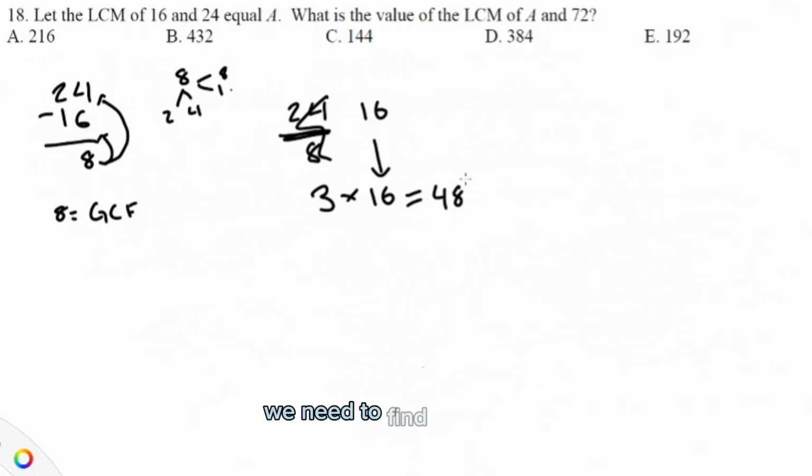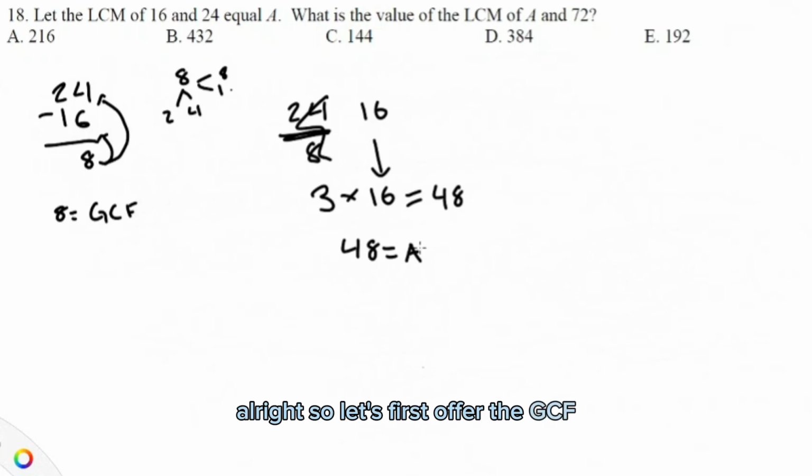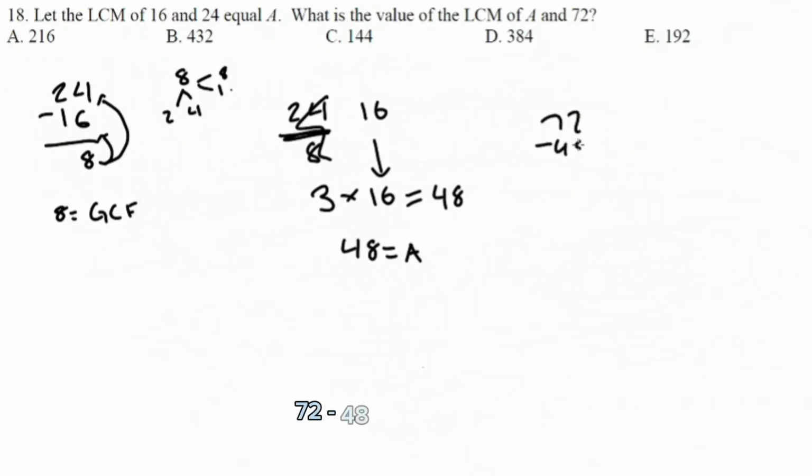Alright, now we need to find the LCM of 48 and 72, because 48 is equal to A. Let's first solve for the GCF. 72 minus 48 is equal to 24. 24 goes into 48 2 times, and 24 goes into 72 3 times. So 24 is the GCF of 72 and 48.